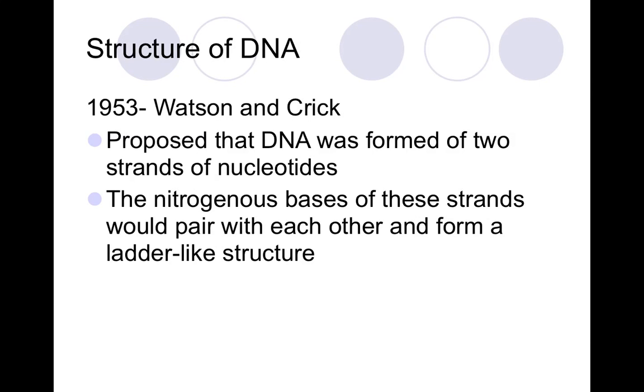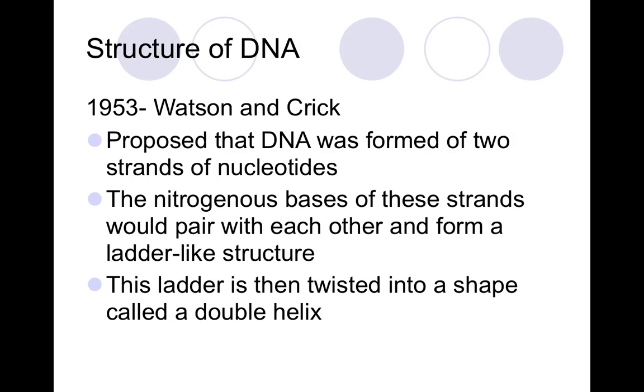Now, Watson and Crick were able to do this research because there was a female scientist, Rosalind Franklin, who actually took an X-ray of the DNA molecule. And that X-ray was what allowed these guys to do their research and come up with what they consider to be the structure of the DNA molecule.